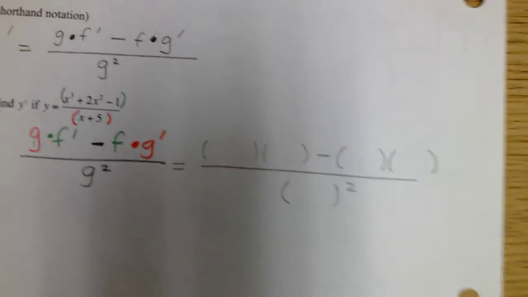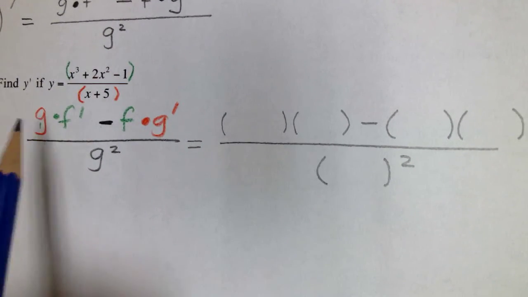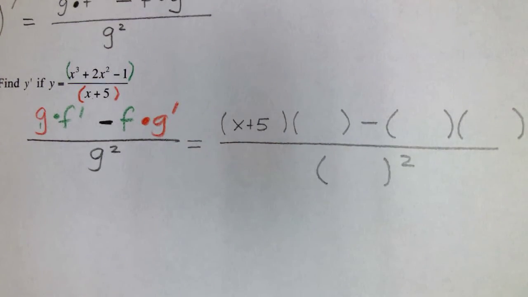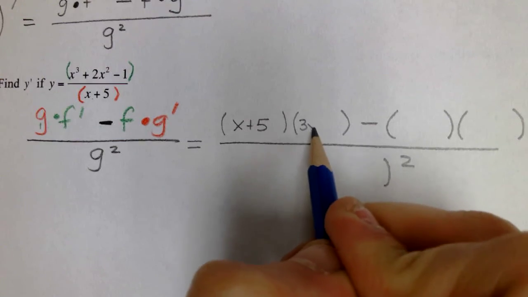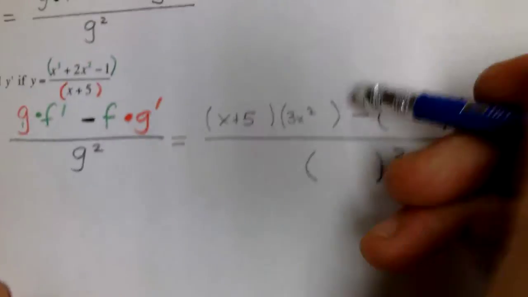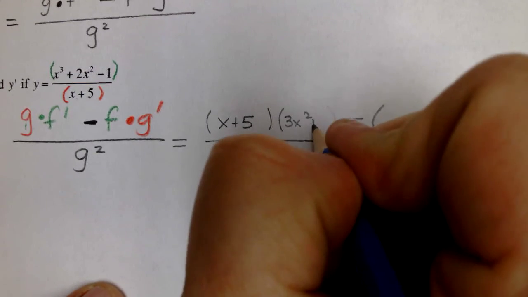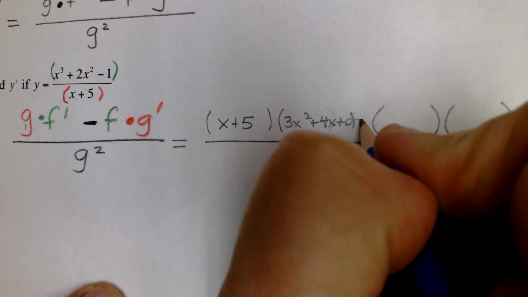So I'm going to pull this up just a smidge so you can see it. My g function comes from the bottom, so that's going to go first, x plus 5. F prime is the derivative of up top, so 3x squared plus 4x plus 0. There's my minus sign.